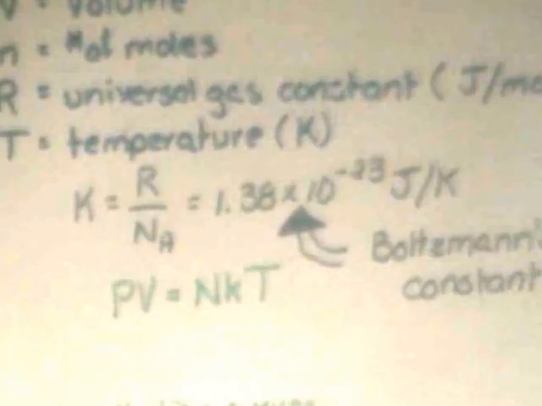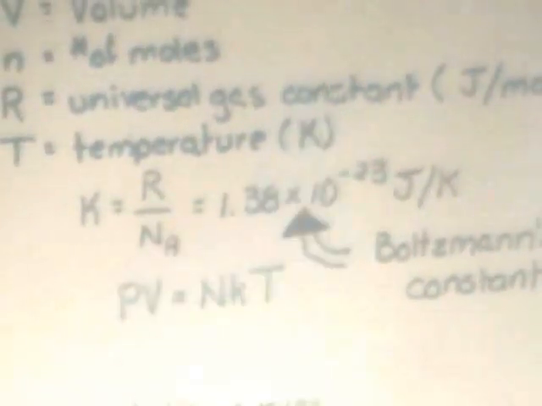If you look back at our formula here, PV equals nRT, where n is big N over big N sub A, being Avogadro's number.